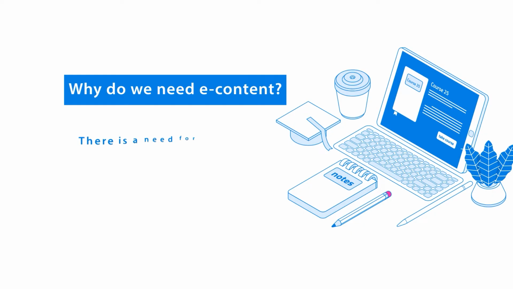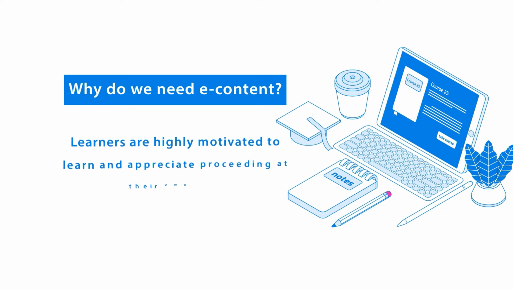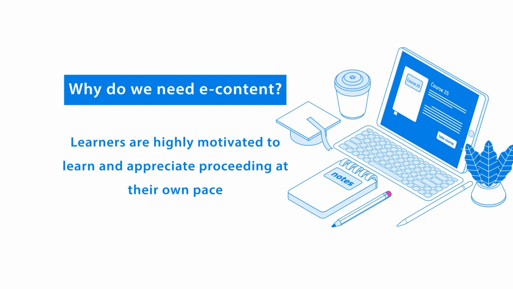Now, why do we prefer e-content for learning? We prefer e-content for learning because we know that there is a need for developing a homogeneous background knowledge on any topic. And most of you as learners are highly motivated to learn, and you appreciate proceeding with the learning at your own pace.